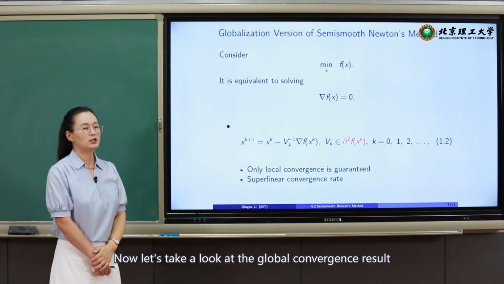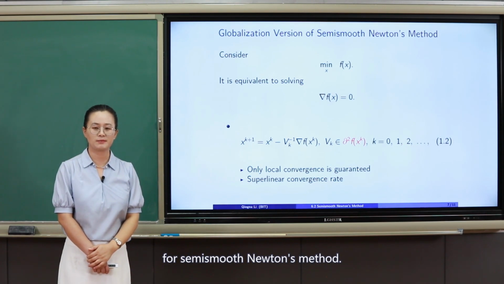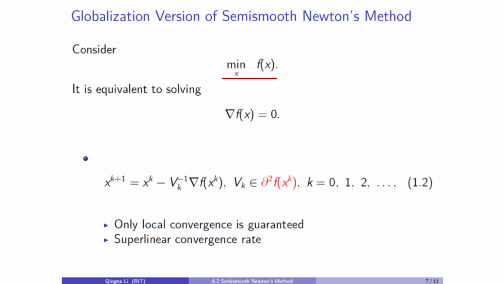Now, let's take a look at the global convergence result for semi-smooth Newton's method. We consider solving the minimization problem: we try to minimize function f, which we assume is continuously differentiable.